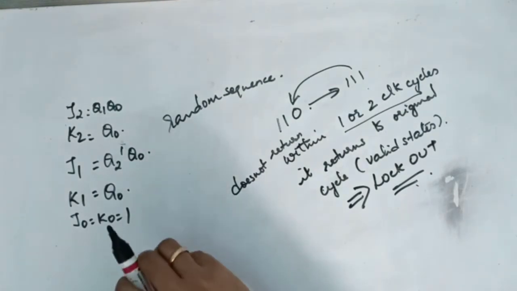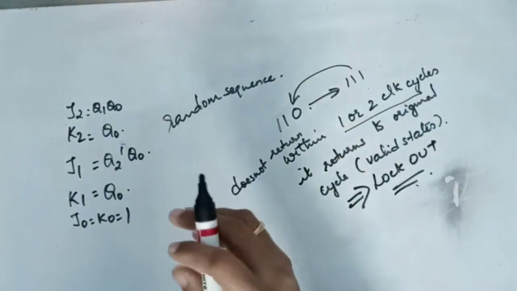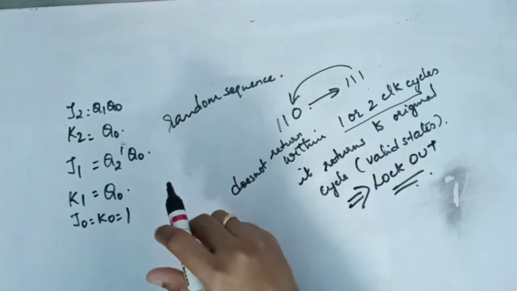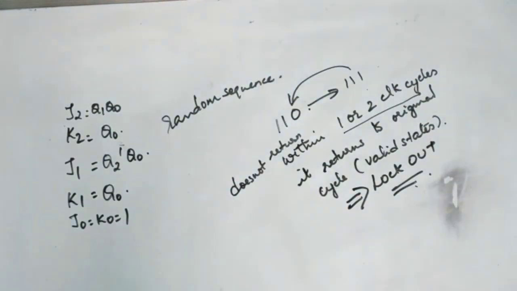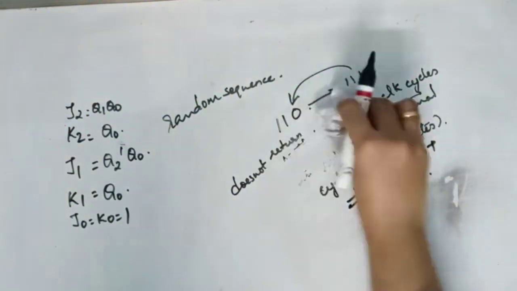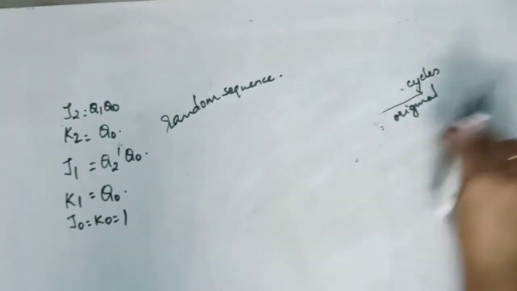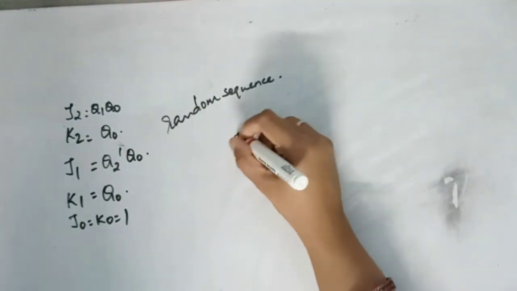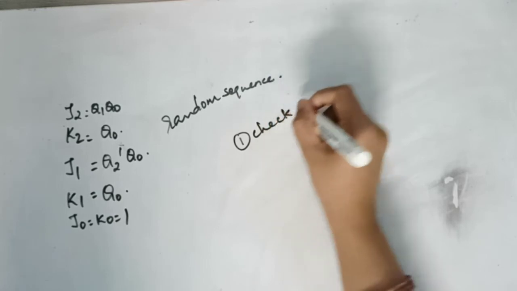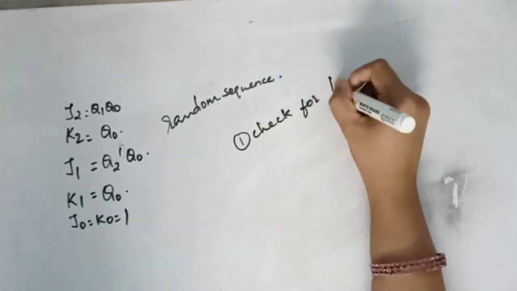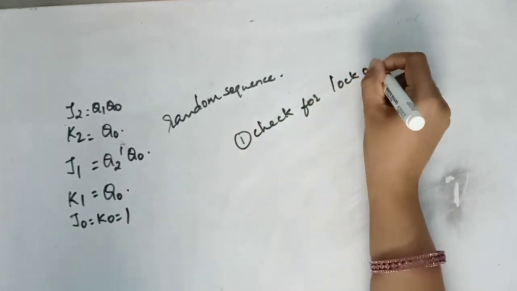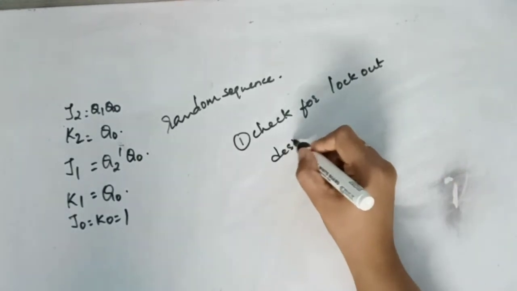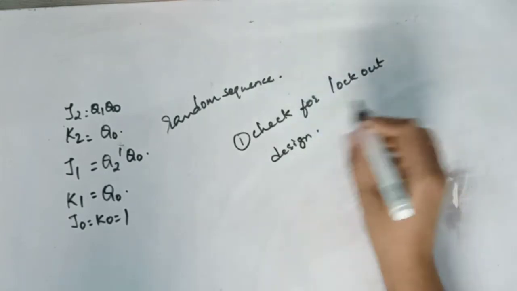So in those cases, you'll be asked to check for lockout, and if there is a lockout, then design for lockout. So in the case of invalid states, check for lockout will be a question. And if there is lockout, then design for lockout. That is one type of question.